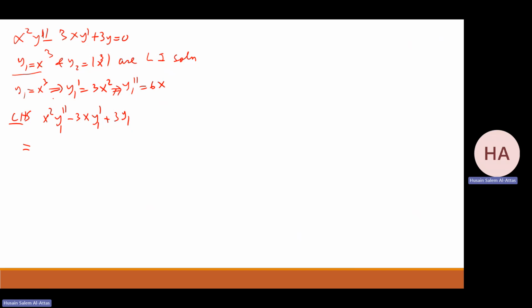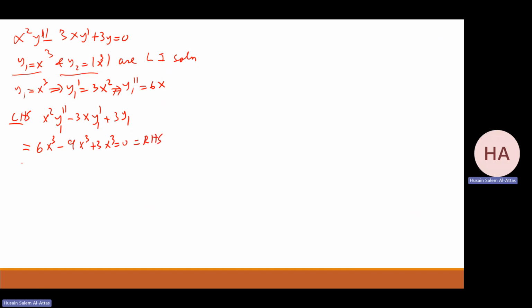That will be equal to 6x cubed minus 9x cubed plus 3x cubed, which is 0, which is the right hand side.